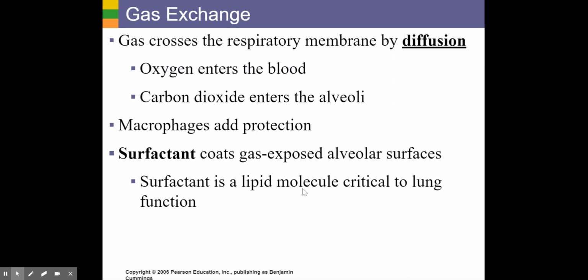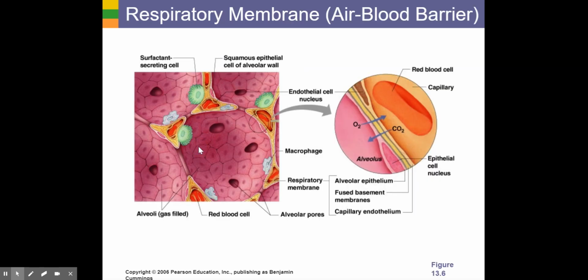The surfactant is lipid in nature, and it's really critical to lung function in that it helps keep open those little alveolar sacs. Without that surfactant, those little alveolar sacs compress and stick to each other, and then they don't inflate properly, which is one of the causes of a disorder that we'll talk about a little bit later.